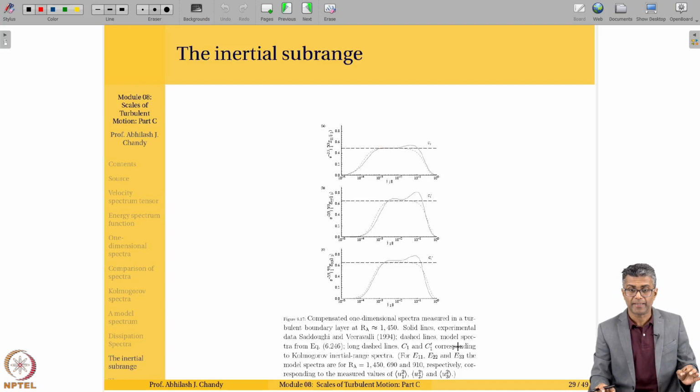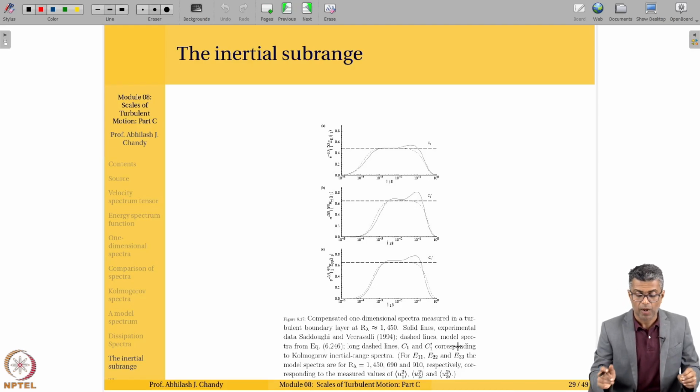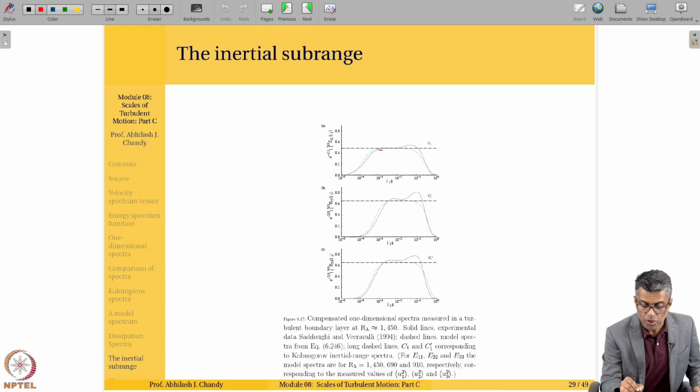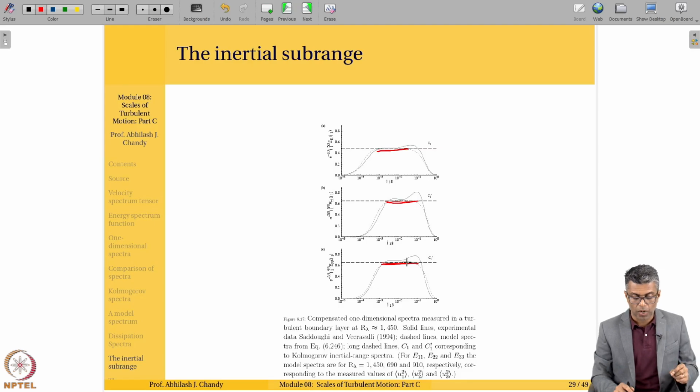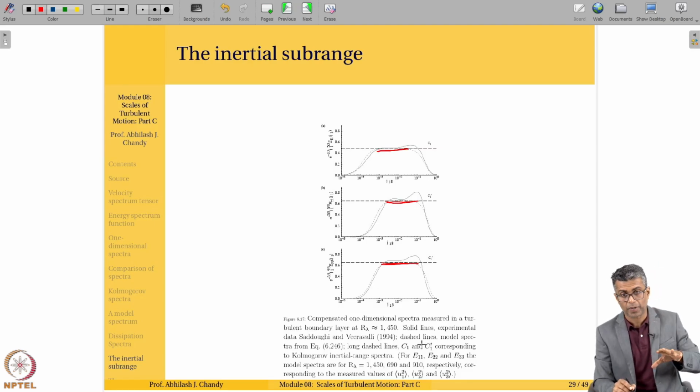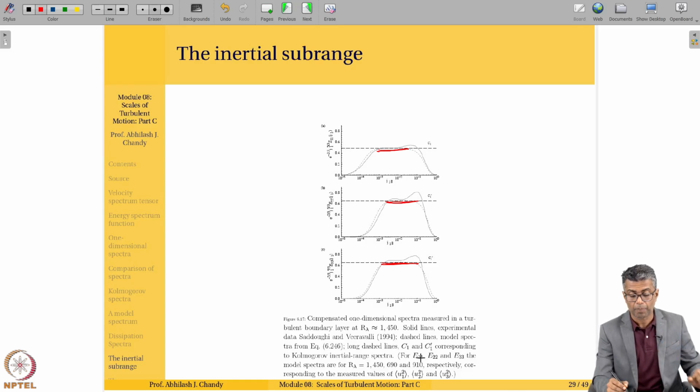Am I getting that? It seems like from the figure that is what I'm getting. So I have a constant value in the inertial subrange, as you can see. The solid line here, okay, so here on the y-axis, it is the compensated spectra. On the x-axis, it is still kappa 1 eta.